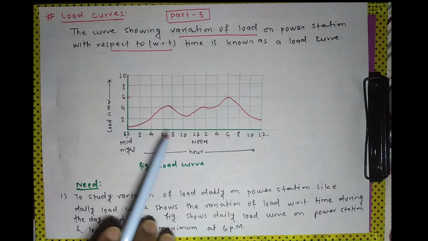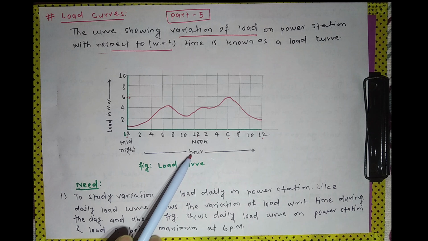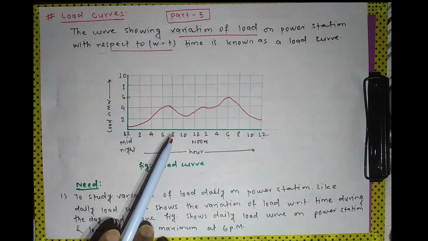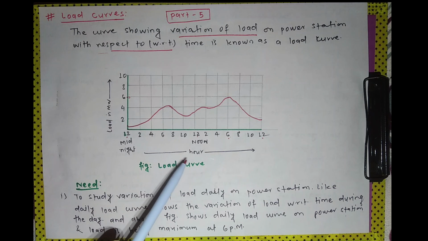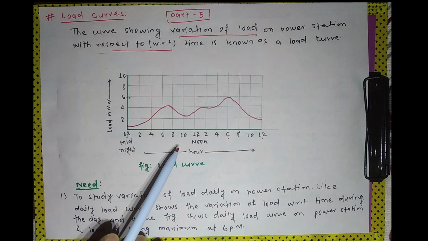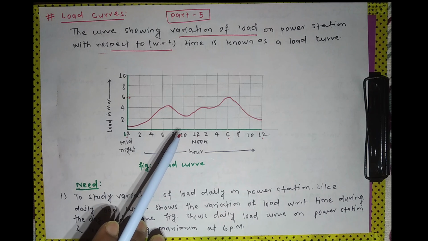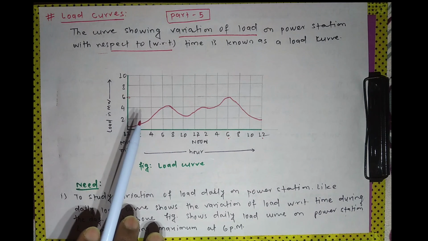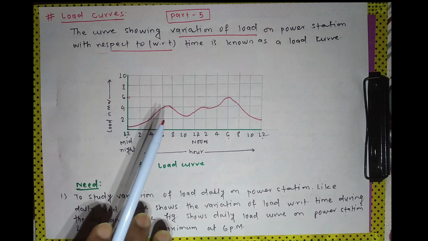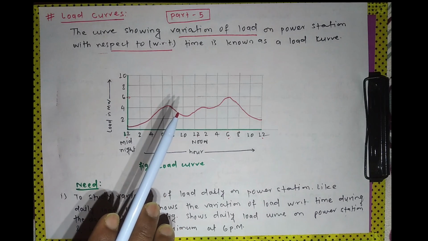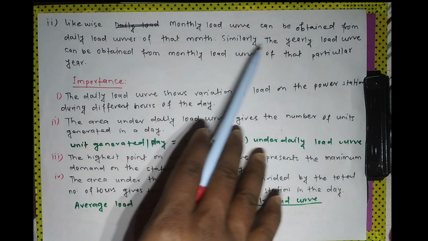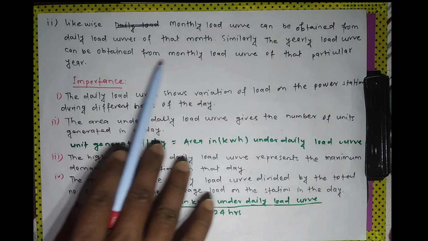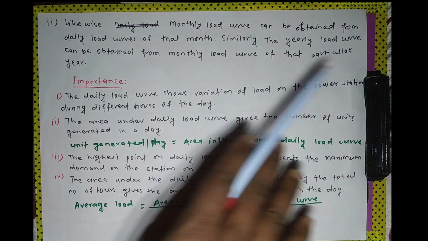If we draw load versus days, then it will be the monthly load curve, and if we draw load versus years, then it will be the yearly load curve. Similarly, the yearly load curve can be obtained from the monthly load curve of that particular area.